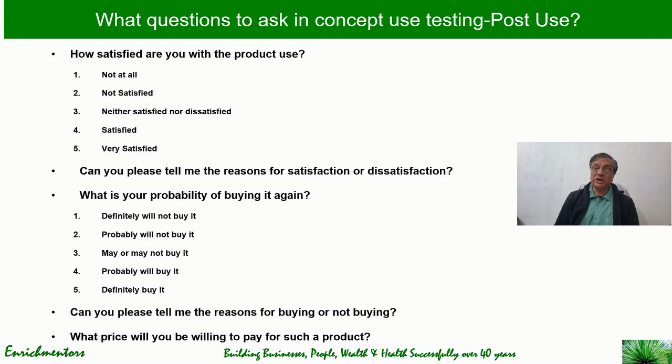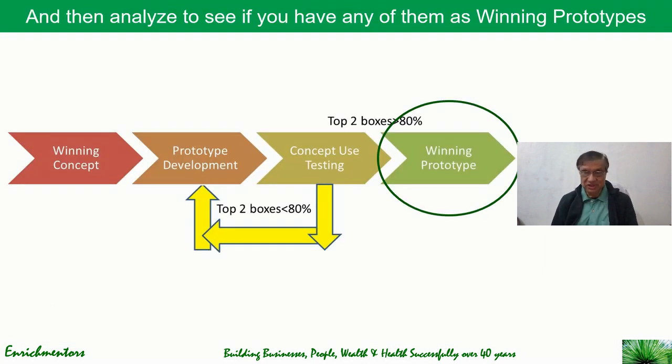So these are the five questions that you ask, and with that you collect the data and then analyze it to see whether you have a winning prototype. You may have multiple prototypes and multiple matched panels in terms of respondent profile, and you do all this in parallel.